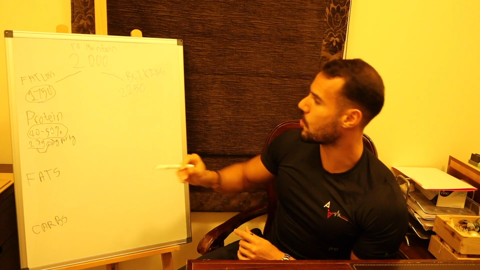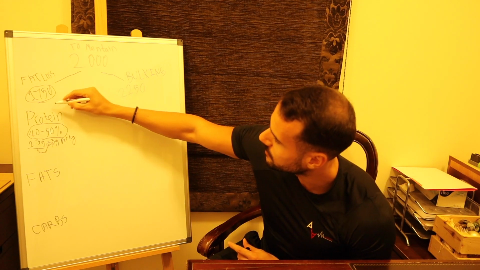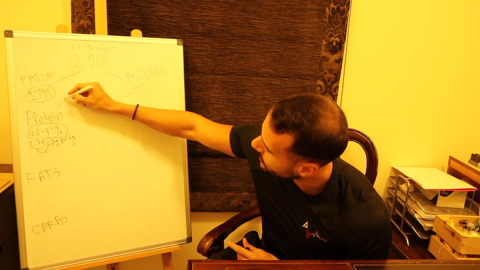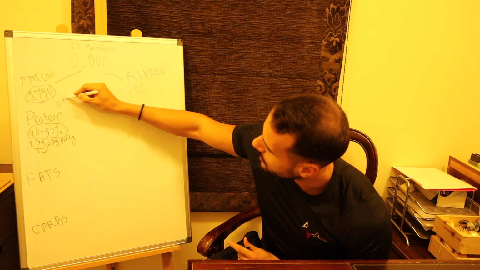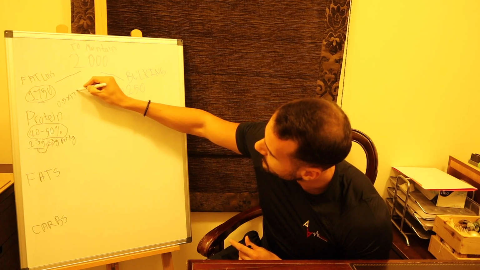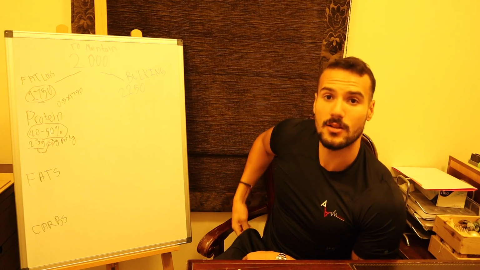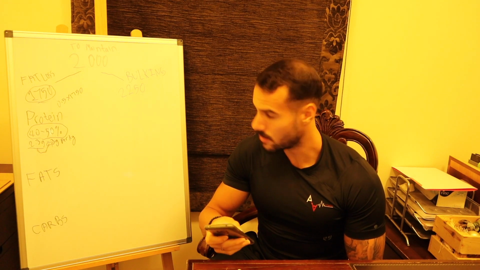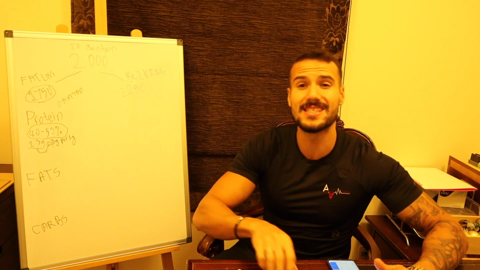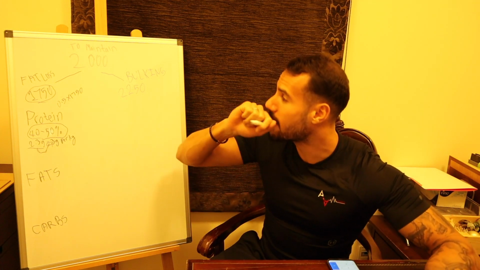Alright, so you're going to take 0.5 times 1750. Sorry guys, I don't have a calculator, so I'm gonna use my phone. So 1750 times 0.5, that's gonna be 875 calories.